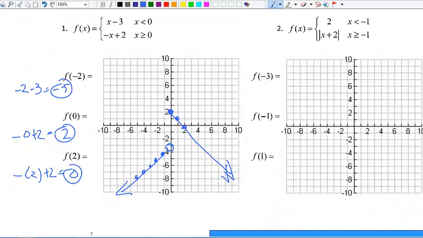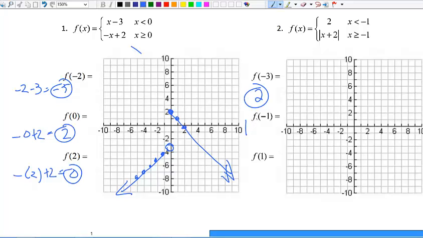All right, so number 2. In number 2, let's see, negative 3. It's smaller than negative 1, so when x is negative 3, that just tells me that y is 2. There's just no math at all in that. Just read that and look. At negative 1, if I evaluate this, it has an or-equal-to piece, so that means the bottom part goes with it.